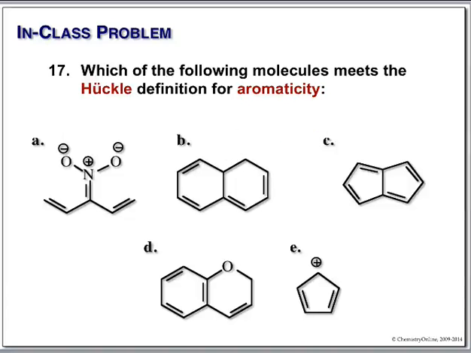How about this guy? Well, it is conjugated, it is planar, and it has 2, 4, 6, 8 pi electrons. Is that a Huckel number? Negative. No!